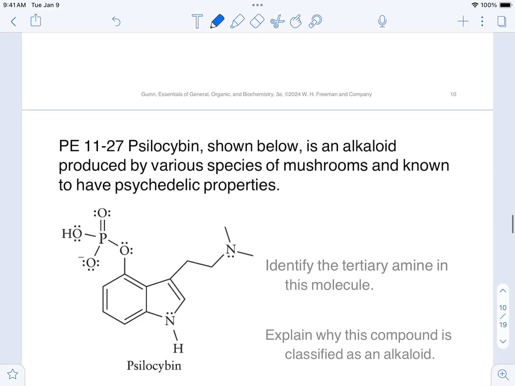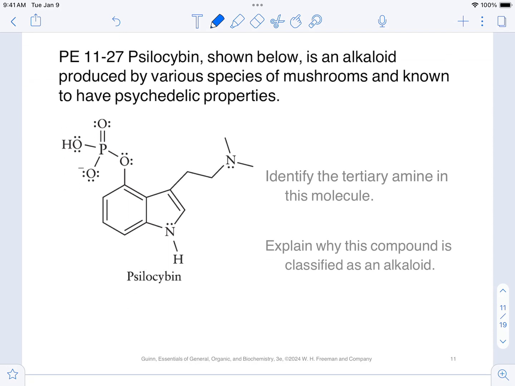Psilocybin, which is the diagram shown below, is an alkaloid produced by various species of mushrooms, and it's known to have psychedelic properties. So it says identify the tertiary amine in this molecule. So I'm looking for my nitrogen atom, and notice I have two of them here.